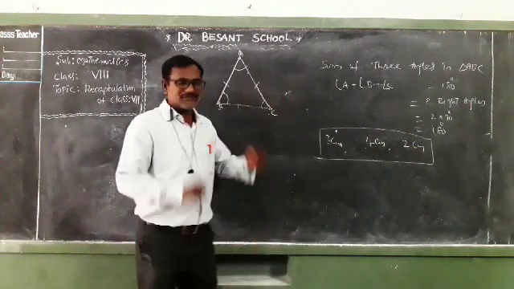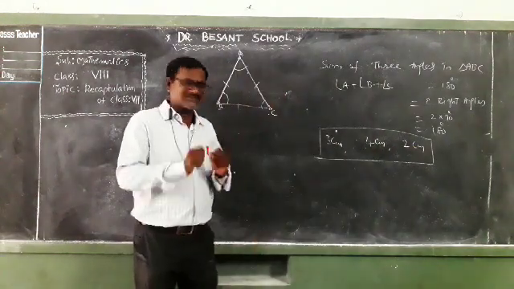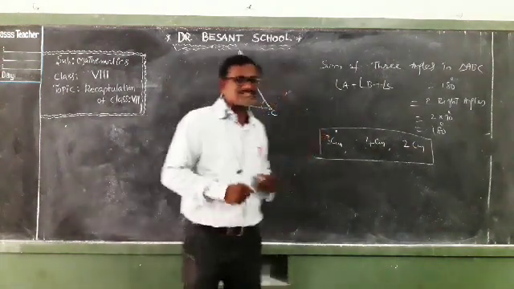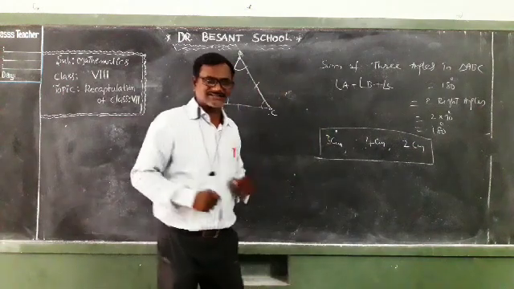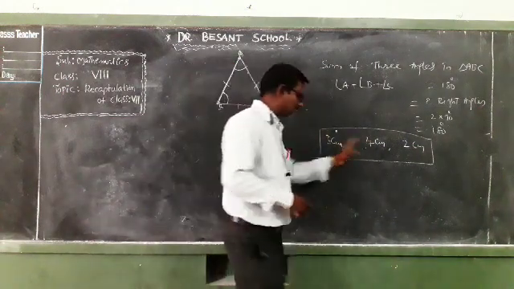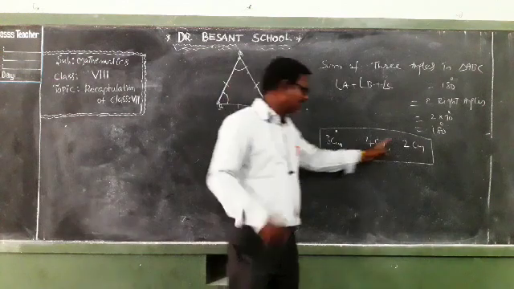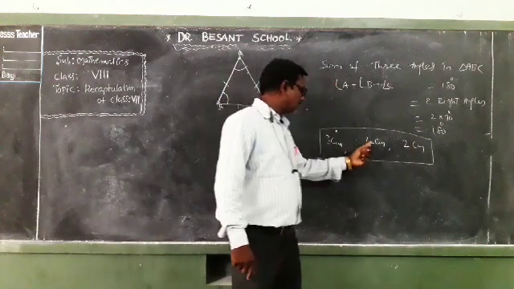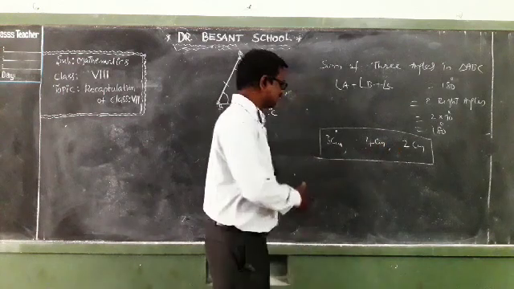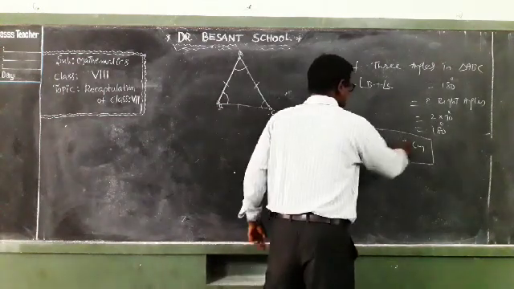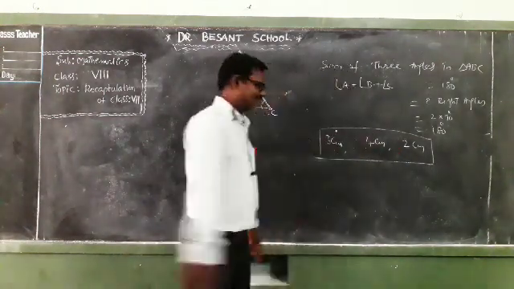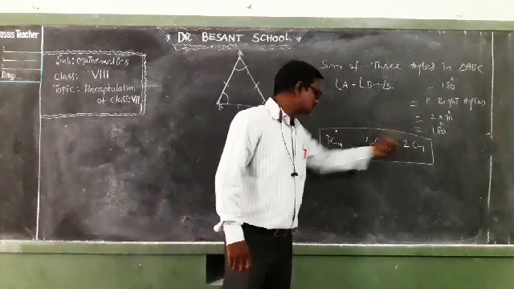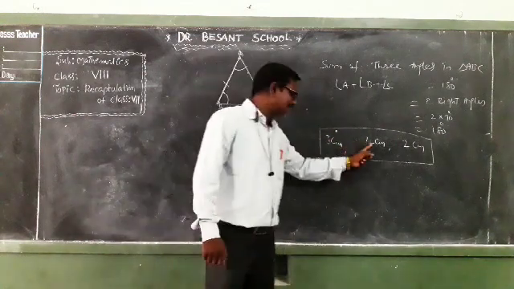Why? Because we need to verify one condition: the sum of any 2 sides must be greater than the third side. So 3 plus 4, 7, is greater than 2. That's okay. Again, 4 plus 2 is 6 centimeters, greater than 3. Again, 3 plus 2, 5 centimeters, is greater than 4.